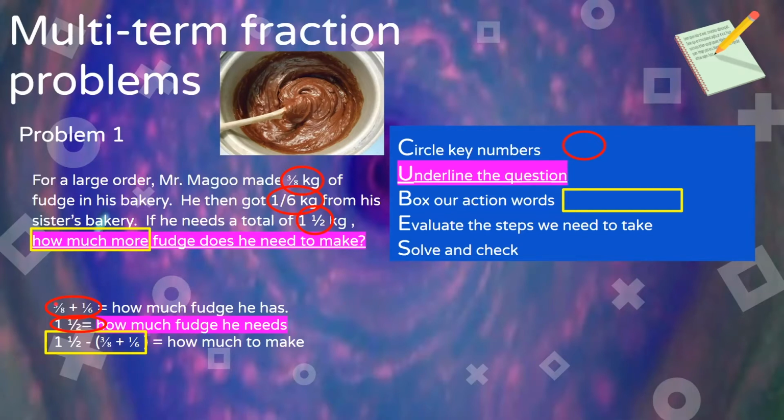We know that he has 3/8 and 1/6 kilograms of fudge. We also know he needs 1 1/2. So our next question is, how much more does he need to make? Well, he needs to make 1 1/2 kilograms minus what he already has.